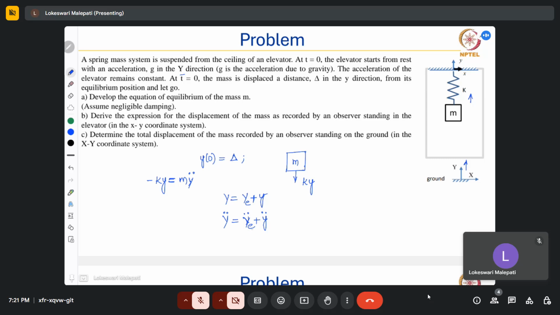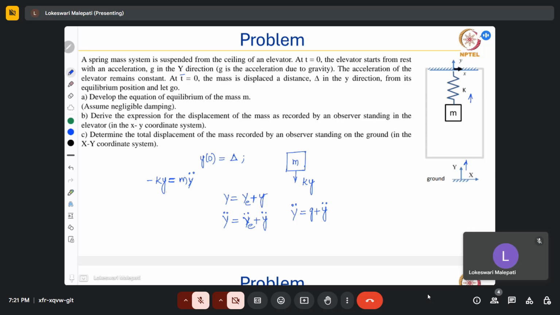We know that the acceleration of the elevator is g in the upwards direction. So we can write y double dot is equal to g plus small y double dot. So this small y double dot is the acceleration of the mass with respect to this frame which is attached to this elevator.